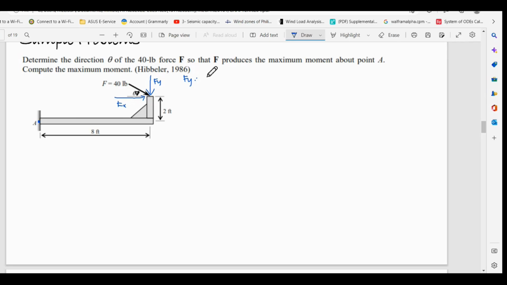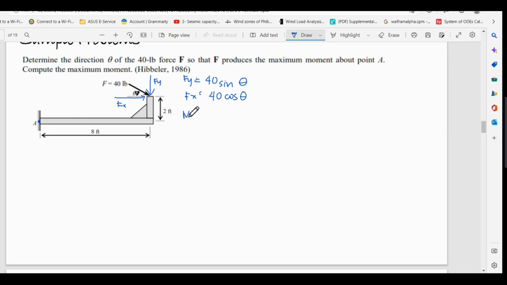Sorry. Fy is 40 sine of our theta and Fx is 40 cosine of theta. Okay.